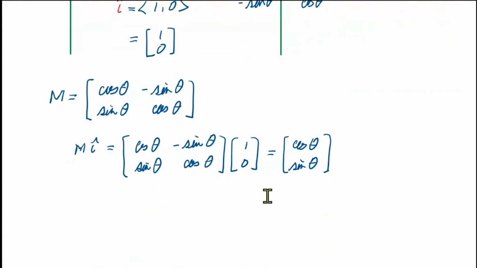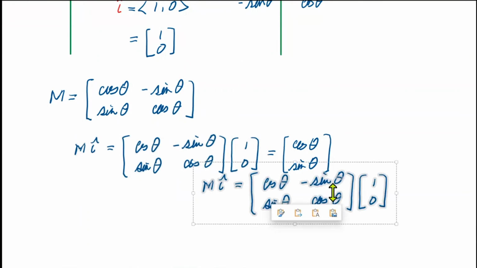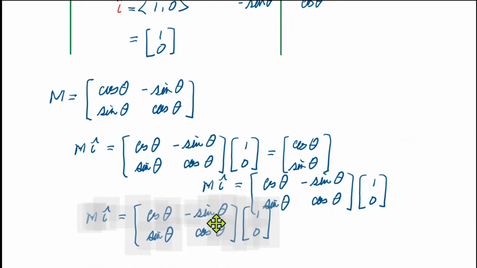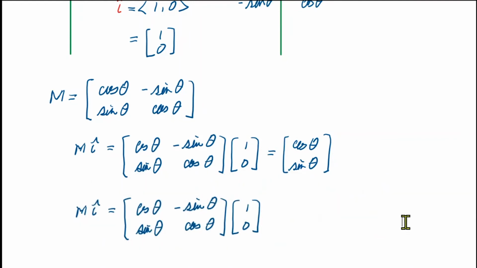Okay, let's do the same thing with the J vector. So changing this to J, we're changing this vector to 0, 1. Let's see what that gives us.